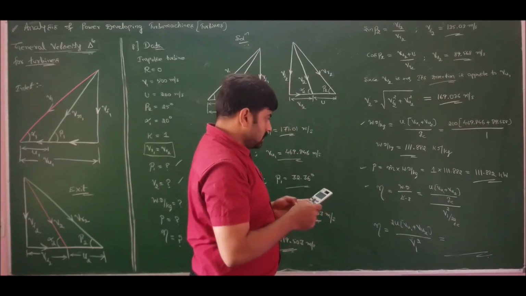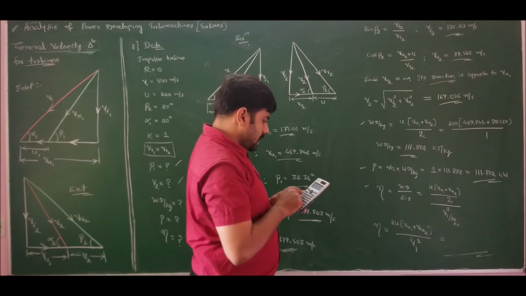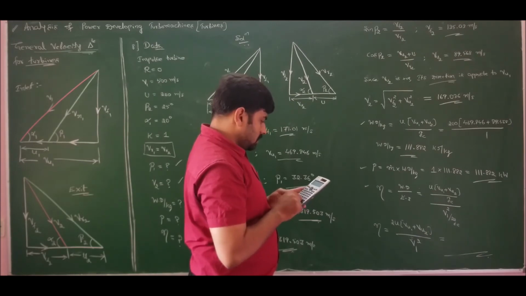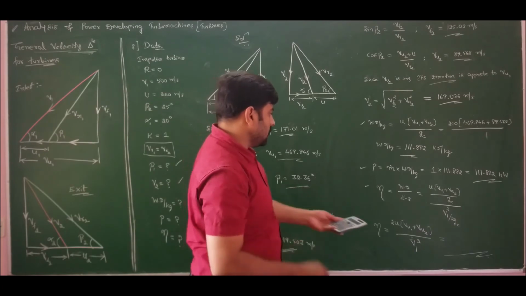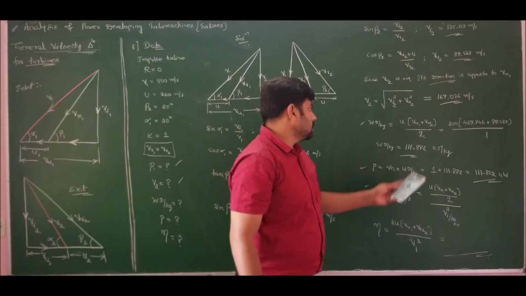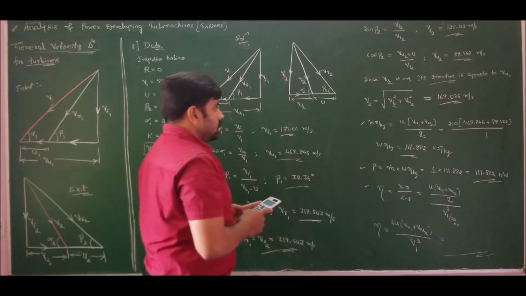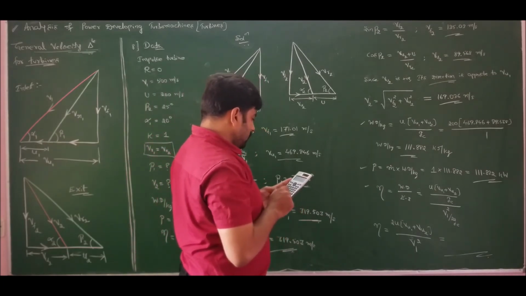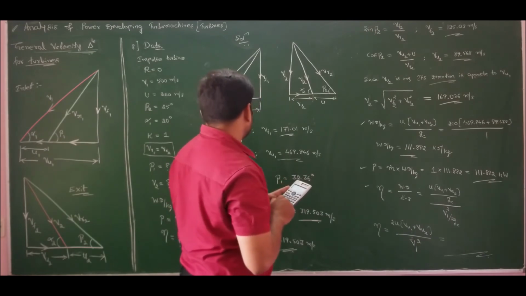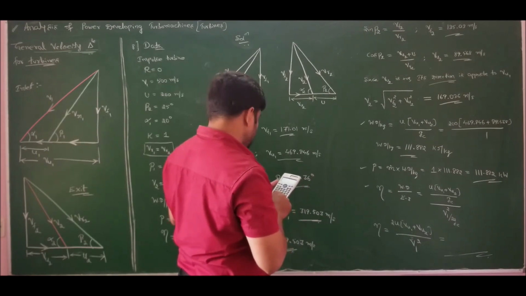So if I substitute and solve, I will get the efficiency as 2 into U, which is 200. So numerator is already known to us. Numerator is 111.882 kilojoules, that is, I should take it as 111.882 divided by V1 square. V1 is given 500 square.